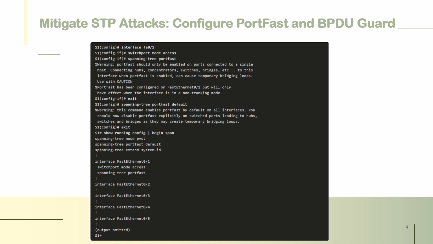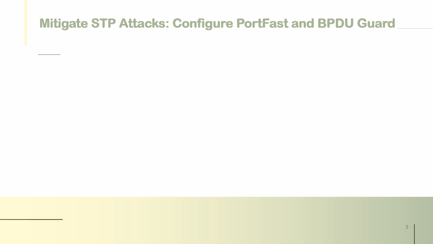If any Bridge Protocol Data Units are received on a BPDU Guard enabled port, that port is put into error-disabled state. What does it mean? It means that the port is shut down and must be re-enabled or automatically recovered through the errdisable recovery cause bpduguard global configuration command.